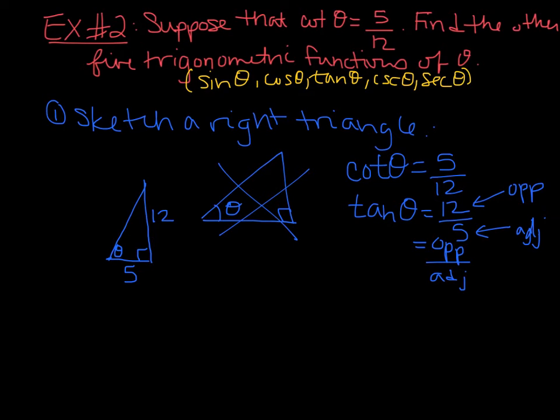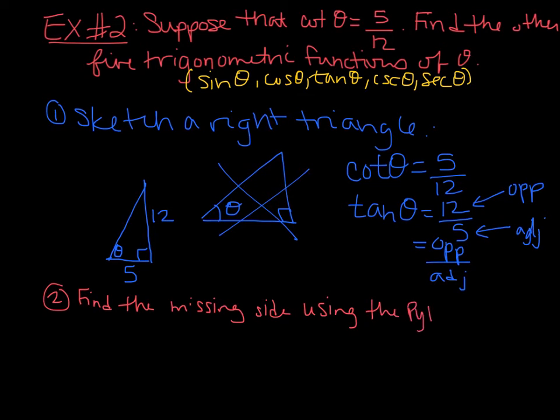My second step is that I need to find my missing side. And you might be able to guess, based on the previous example, that I can use the Pythagorean theorem. So in this case, it's my hypotenuse that I don't know.